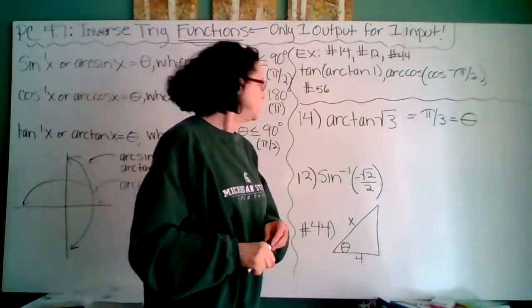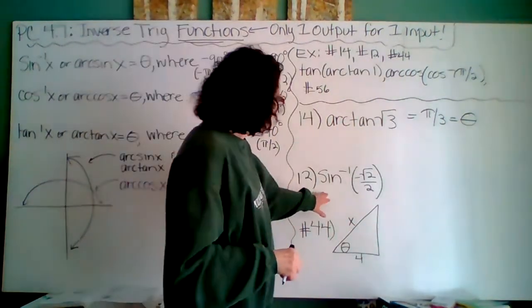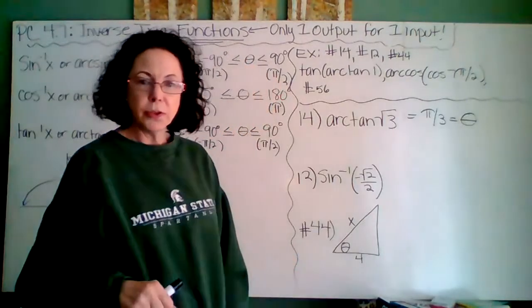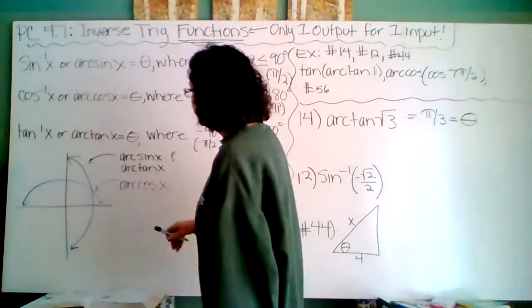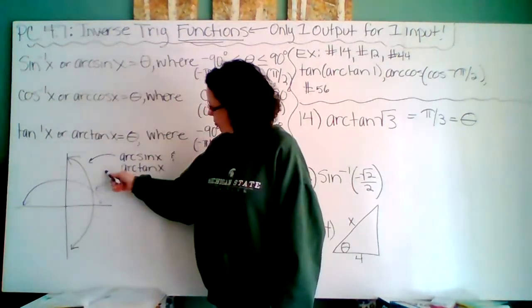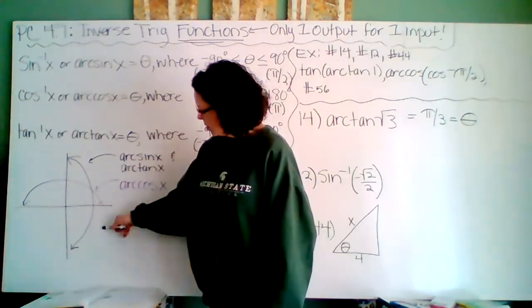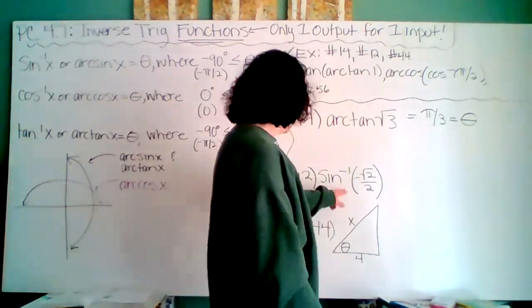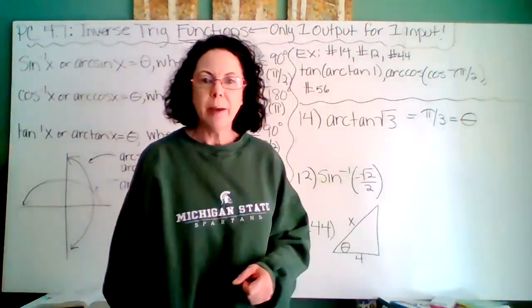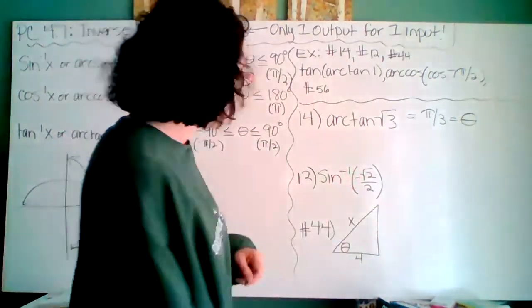That is my theta. Now, inverse sine of negative square root of 2 over 2. Notice with sine, I'm allowed to answer in the first quadrant or the fourth. Sine is negative, so I must be in the fourth. And I know that sine is the square root of 2 over 2 at π/4, right?